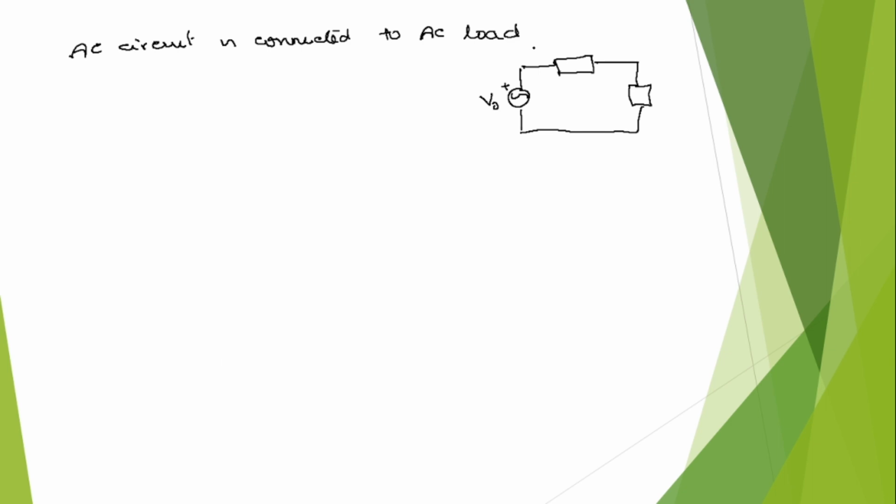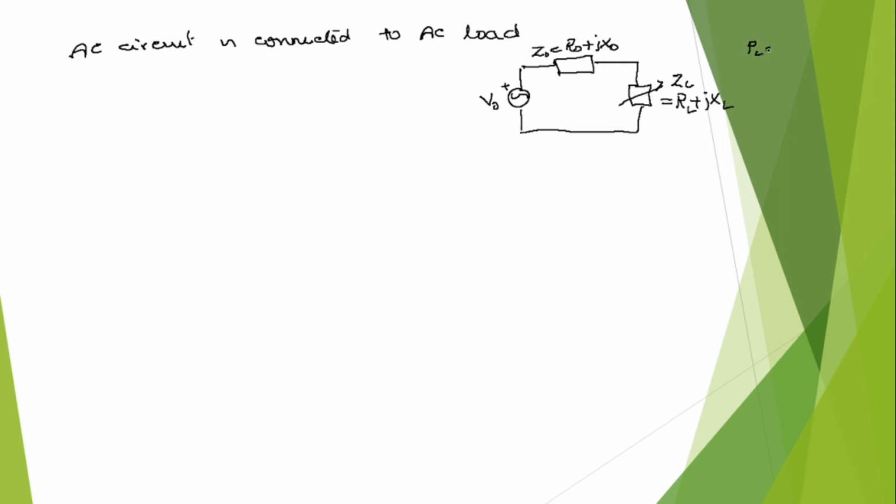V naught, this is the Z naught, which I will consider as R naught plus jX naught. This is the variable ZL, which is equal to RL plus jXL. XL stands for, not inductive, it is reactive, load resistance, load impedance, reactance. Now, in this case, what is the power? IL square into RL. It is not IL square into ZL.